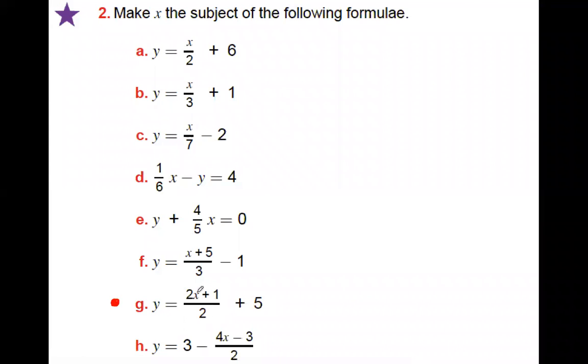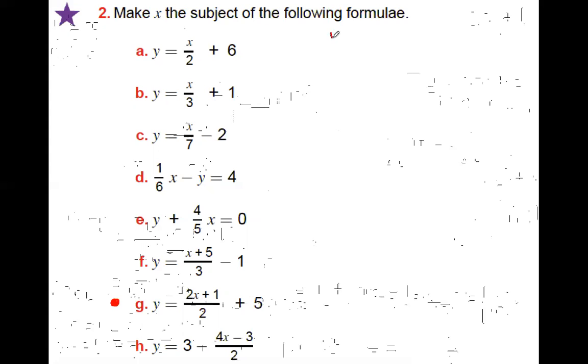We've been told to make X the subject. The first thing we do is get rid of the 5. To get rid of the 5, I would go y minus 5, because I'm taking away 5 on both sides.